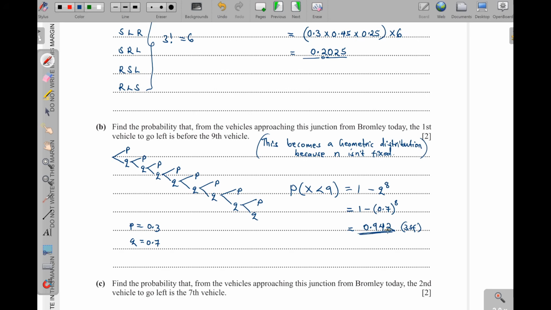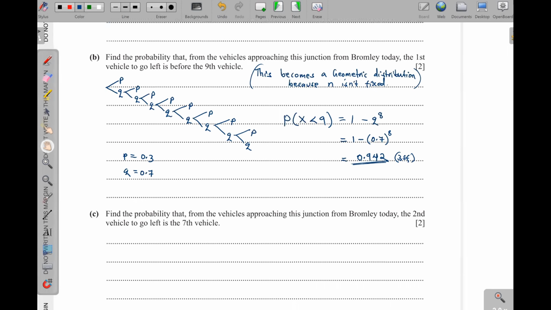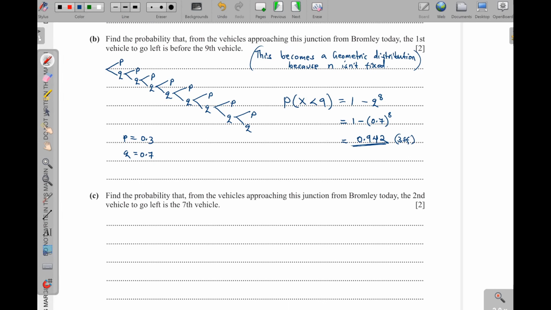That is that. And then part C, they're saying find the probability that from the vehicles approaching this junction from Bromley today, the second vehicle to go left is the 7th one. The second one is the 7th one. So we have 1, 2, 3, 4, 5, 6, 7. Now, the 7th one here goes to the left and its probability is 0.3.